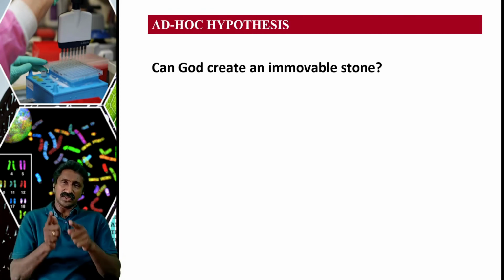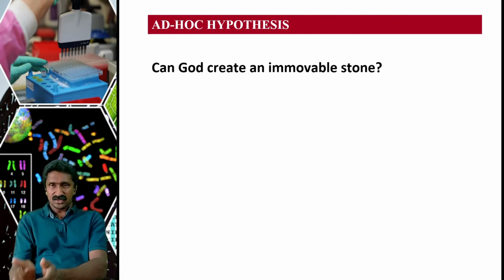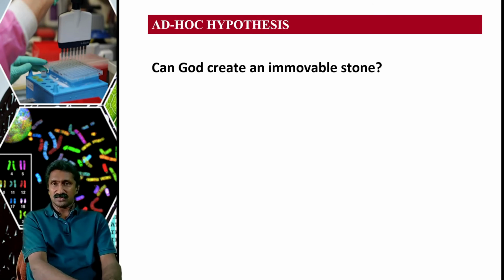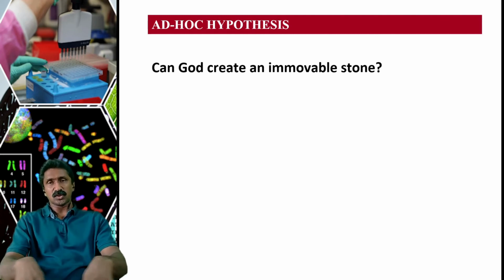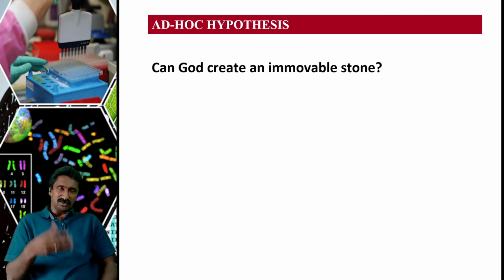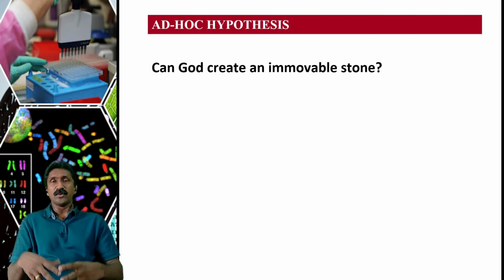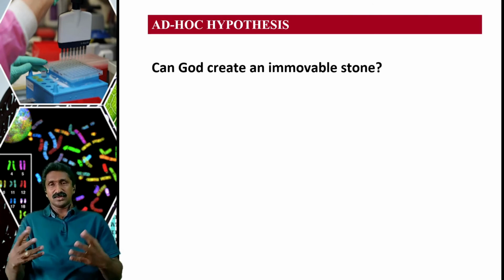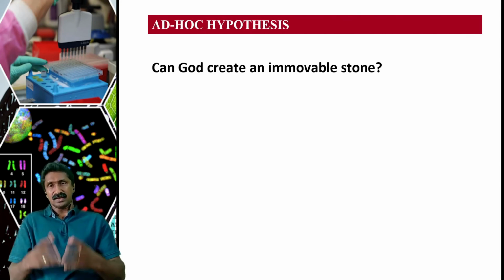If A is true, then B cannot be true, because God cannot create an immovable stone. So the same sentence is actually contradictory in both parts. If he creates it, then it is not immovable, and if he cannot, that contradicts the statement that he is omnipotent and can perform any task. That type of statement can be made in some hypotheses also.